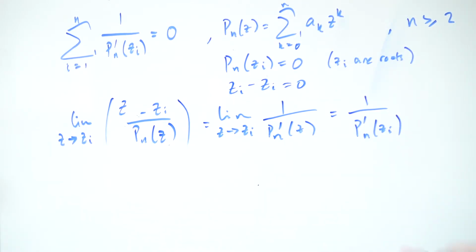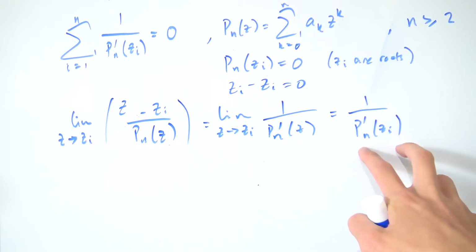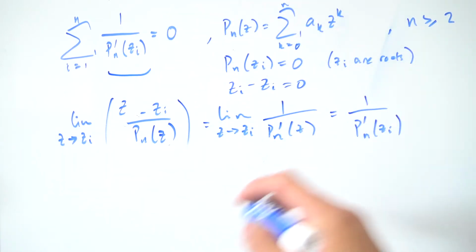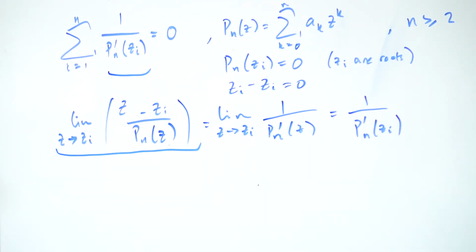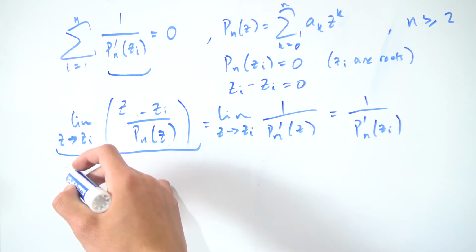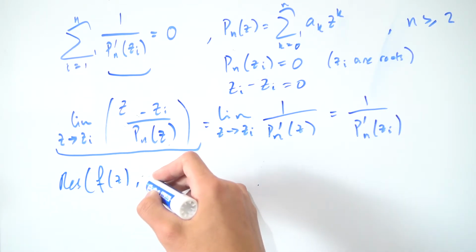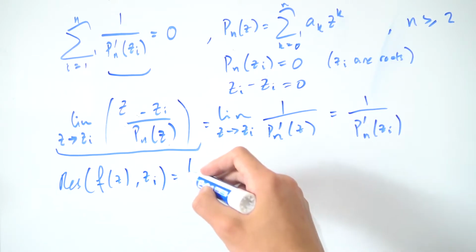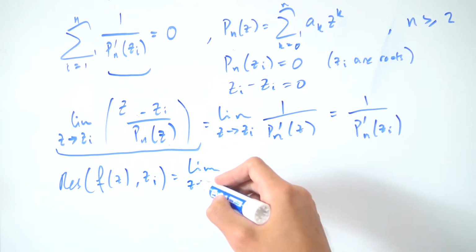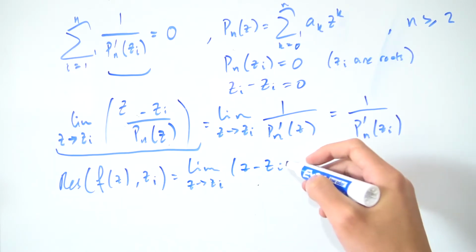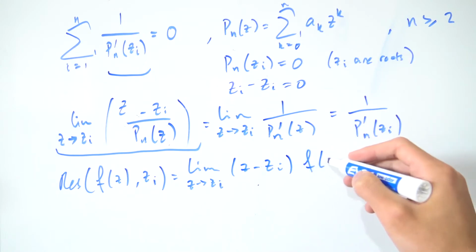So following on from this line right here, we know that p prime n of zi, which is this part exactly right here, can be expressed as this limit right here. And so this actually matches the definition of the residue, because if we have the residue of some function f of z at a point zi, for example, then it's defined to be the limit as z approaches zi of z minus zi times f of z.